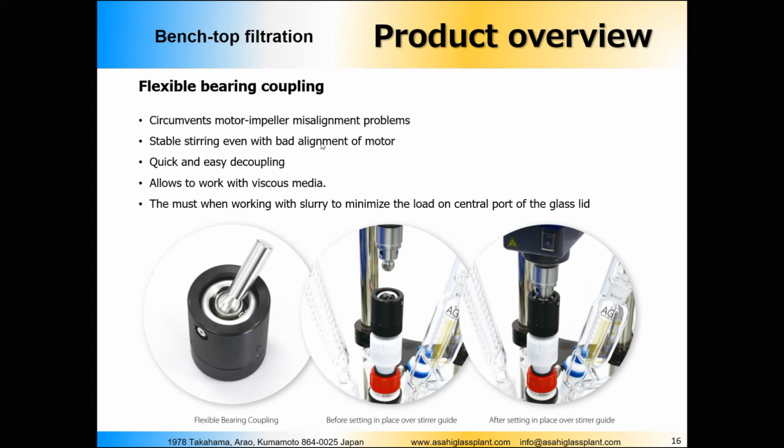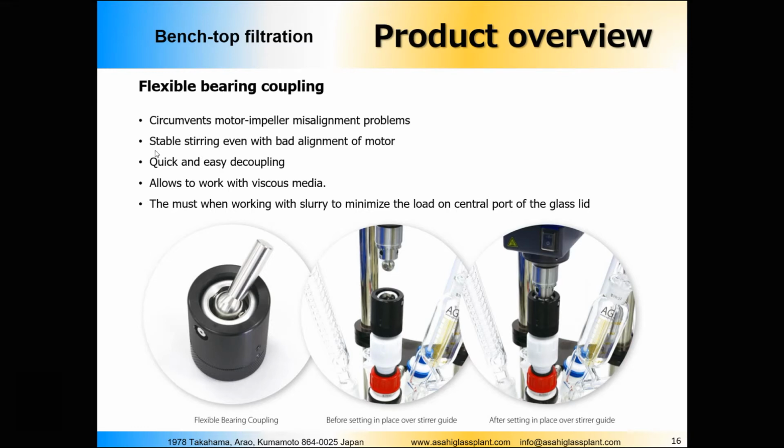So this is the moment when I switch again to the video and show customers how it really works, the video that Asahi has on their web page. Apart from the ease of disassembling the overhead stirrer, you do not need to unscrew the chuck and take out the rod as you do with a standard overhead stirrer guide.